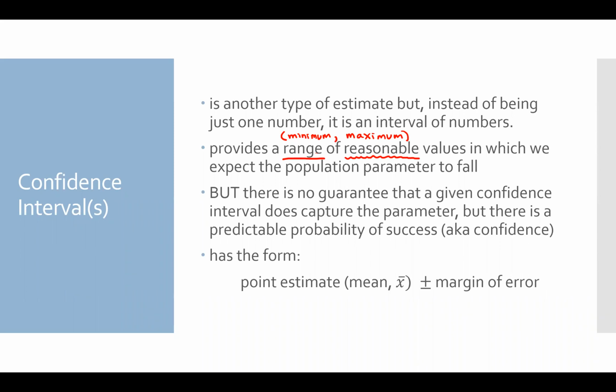Okay, but again, we don't have any guarantee that the actual population parameter falls within that interval. But as we calculate the confidence interval, we do have what they call a predictable probability of success.